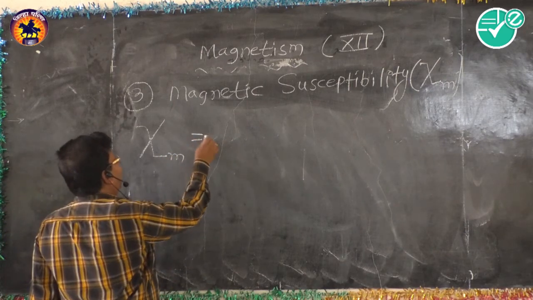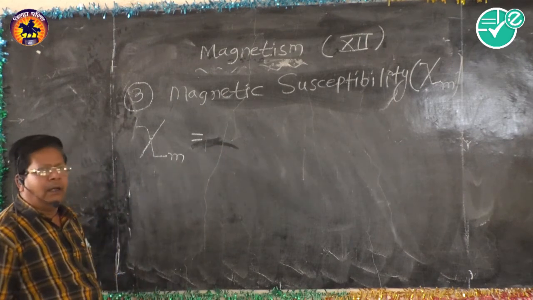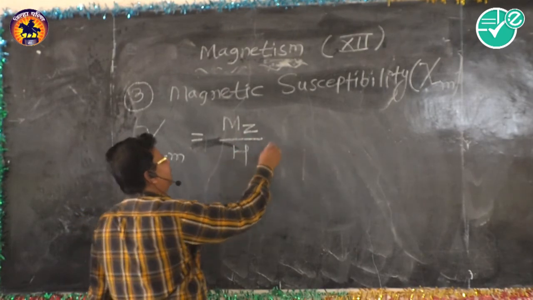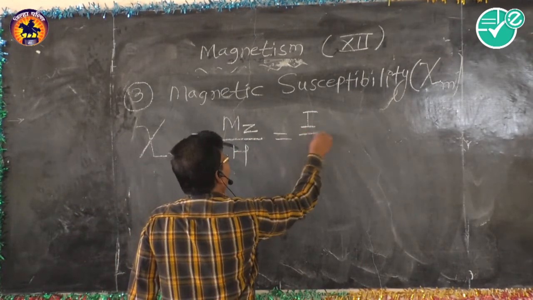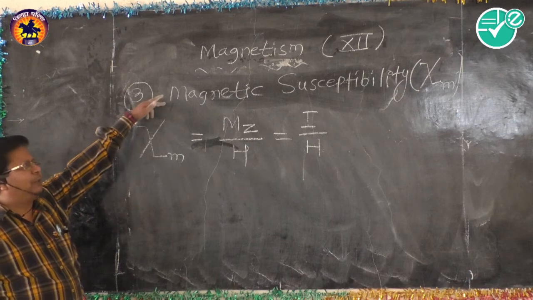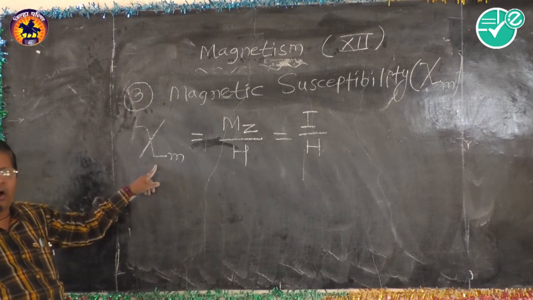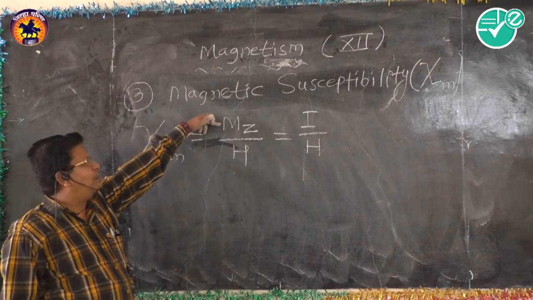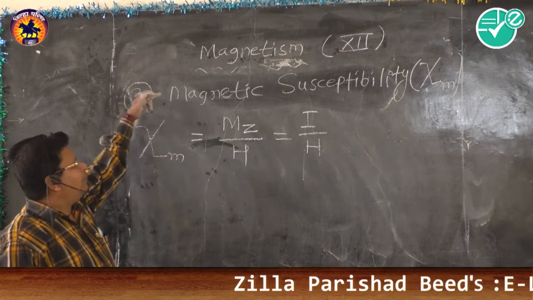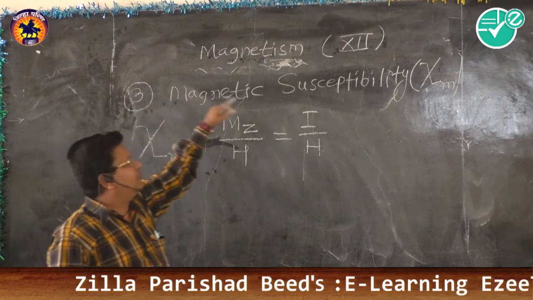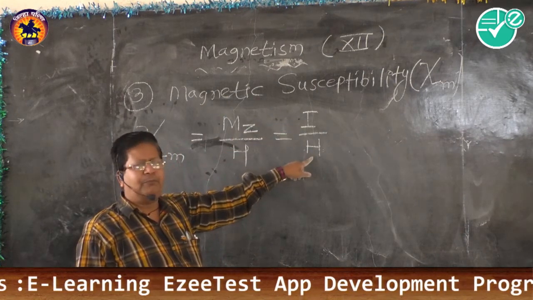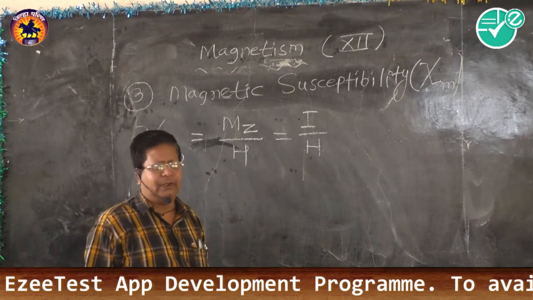is given by the formula Km is equal to M divided by H, or I divided by H. That means magnetic susceptibility is the ratio of magnetization of material to the magnetic intensity, or magnetic susceptibility is the ratio of intensity of magnetization divided by magnetic intensity.